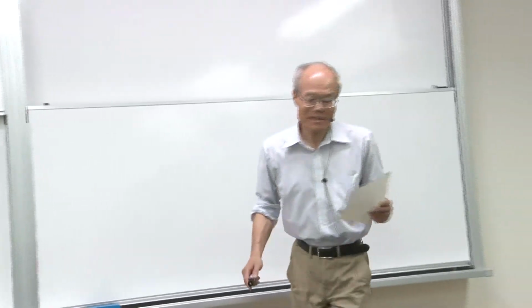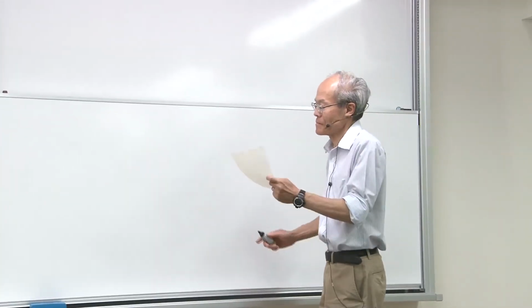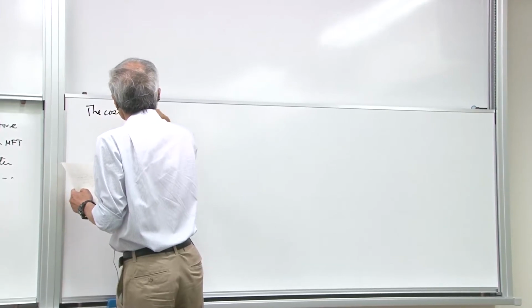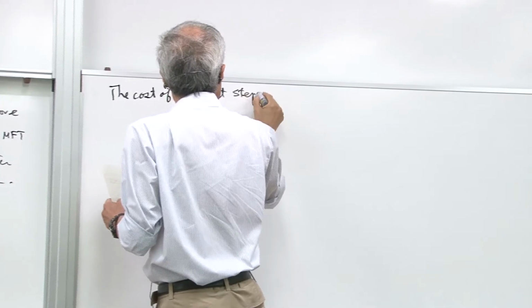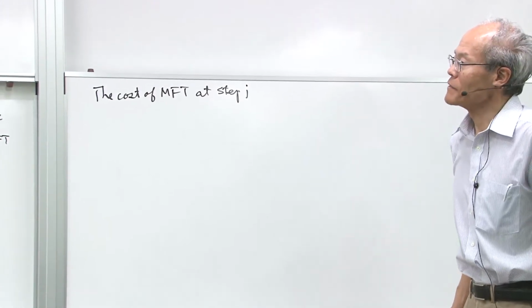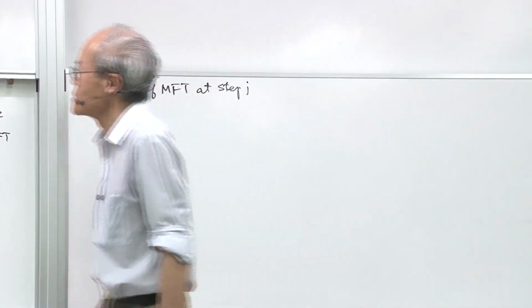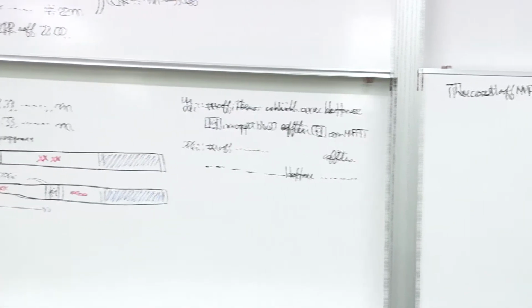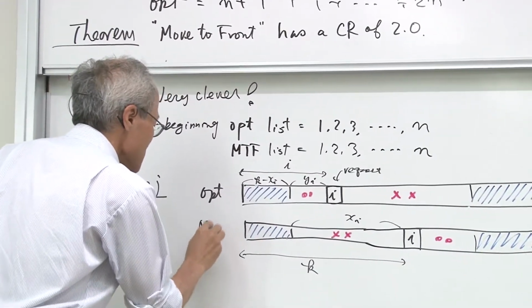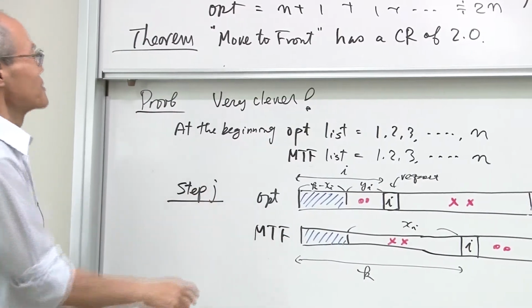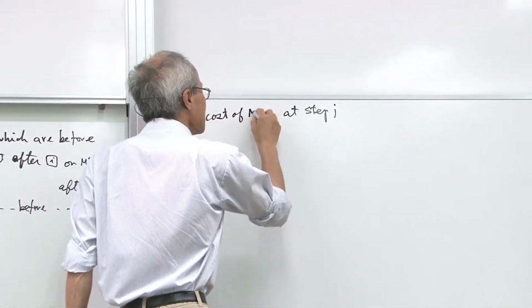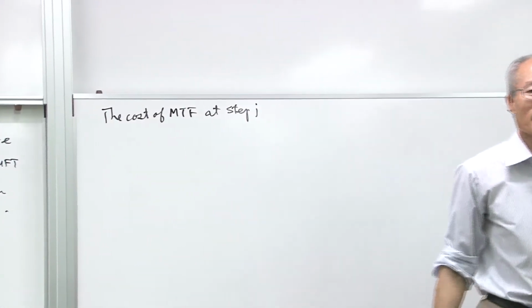Now, here comes the main point: cost. What's the cost of move to front, MTF, at step J?